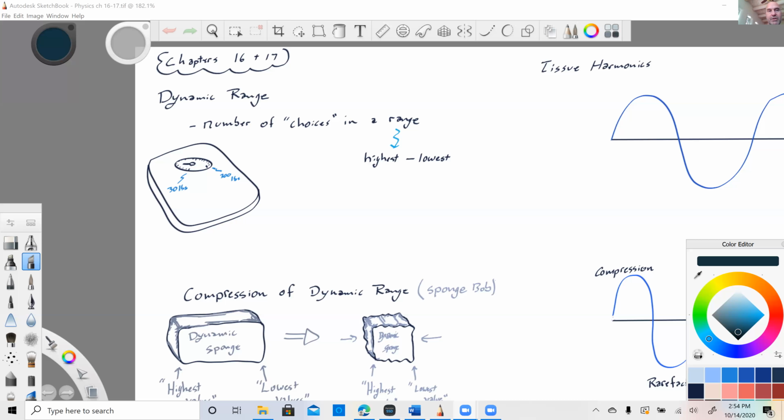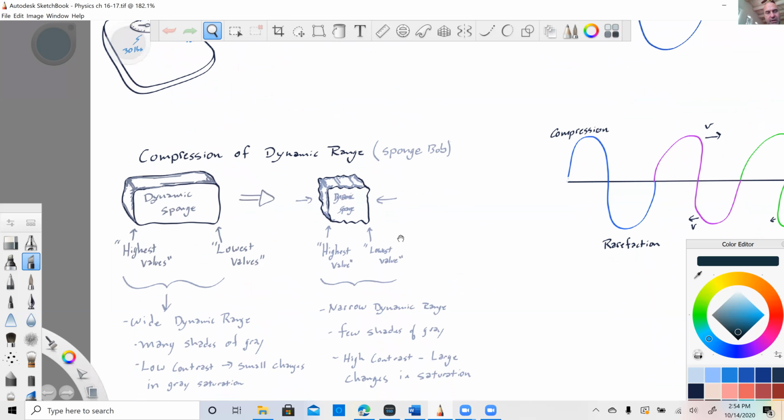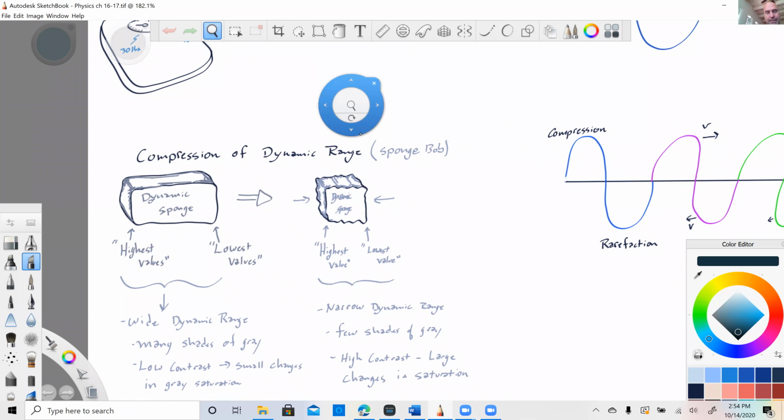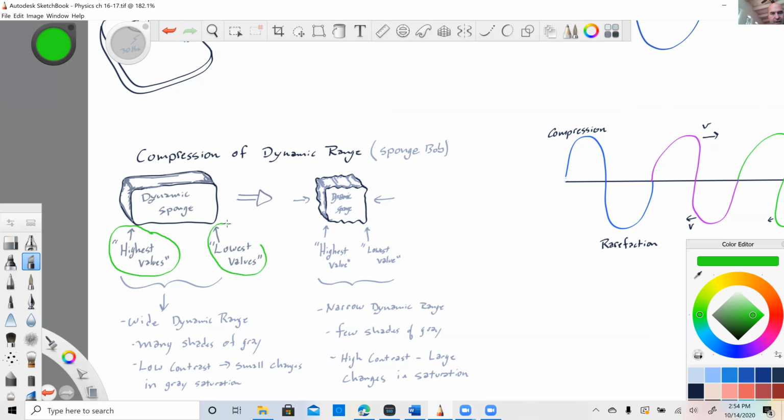Compression of the dynamic range. Now, you guys saw me with my sponge the other day. That's my dynamic range sponge, and I like to squeeze it. And I like that analogy because the dynamic range sponge, the highest values we can place at this end, and then the lowest values over at this end for a wide dynamic range.